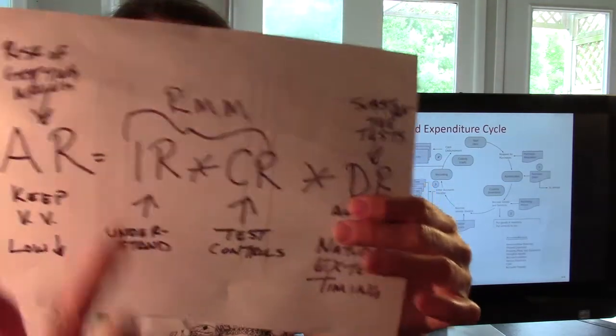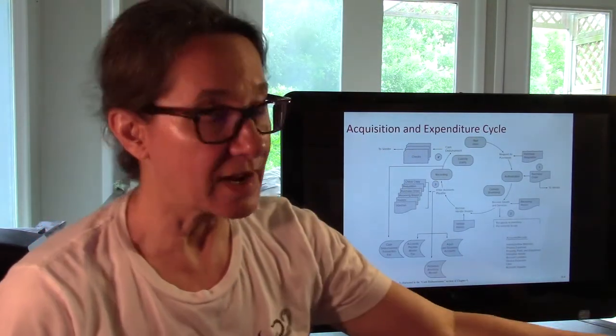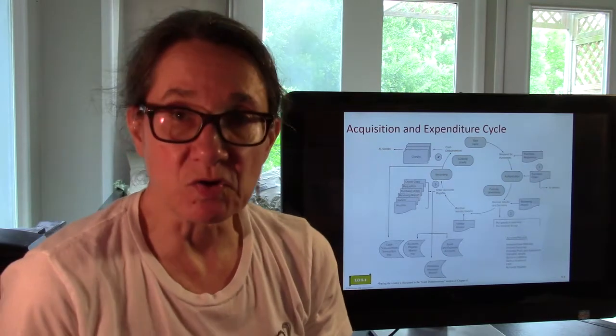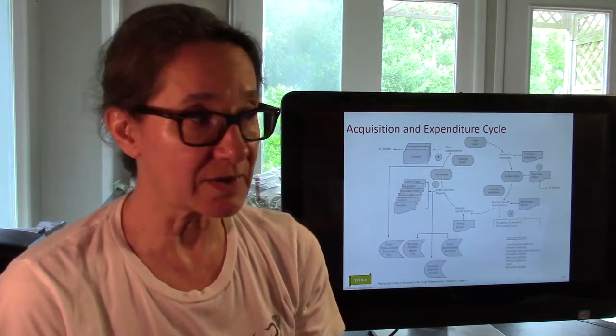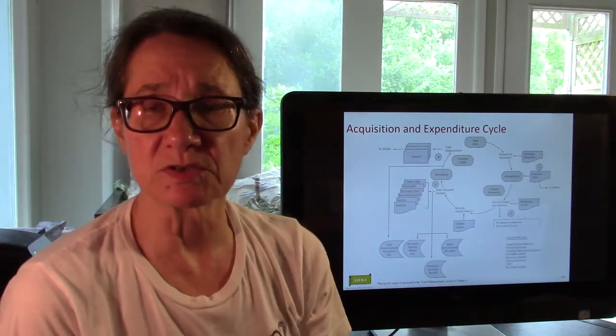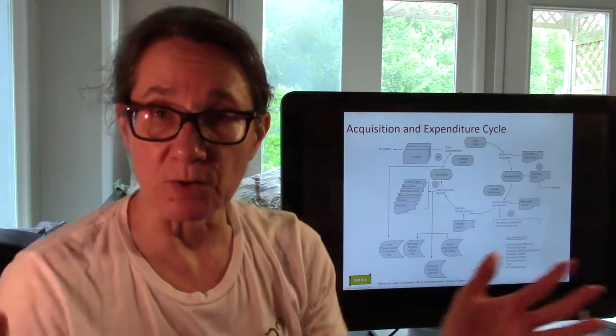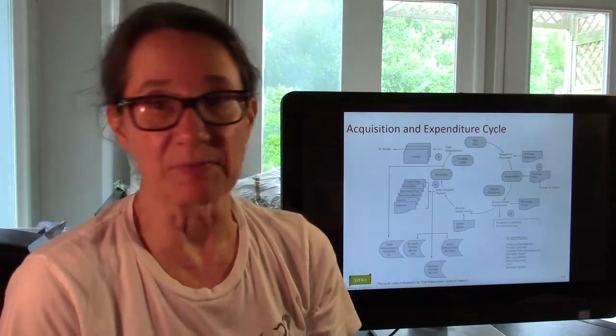All right. So when we're on an audit, our first step for whichever part of the cycle we're in is to understand the inherent risks, right? So that means we have to understand what's going on at the clients with respect to that part of the cycle. So the cycle we're talking about today is acquisition and expenditure. In other words, we're spending money, we're buying things. Acquisition, we're getting inventory, we're getting property, plant, and equipment.